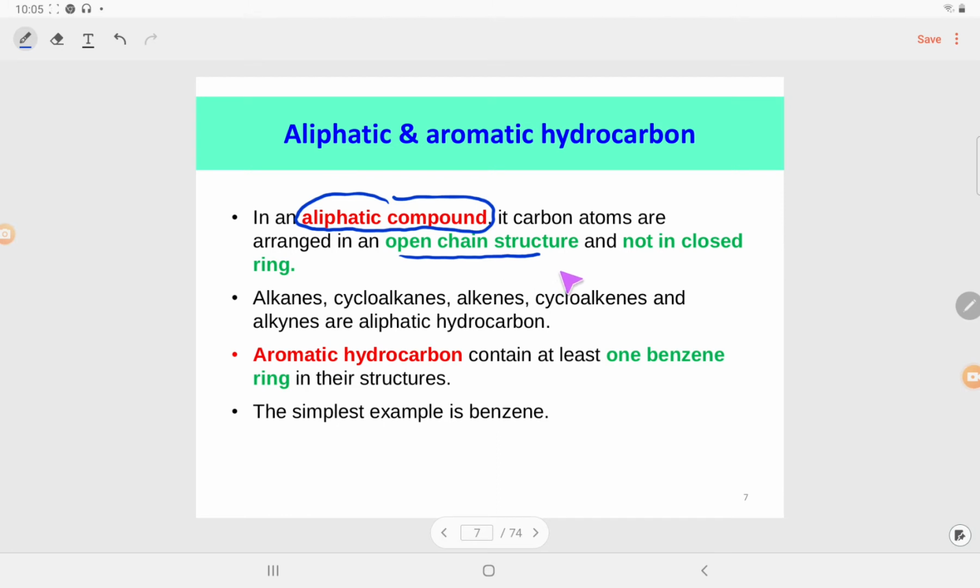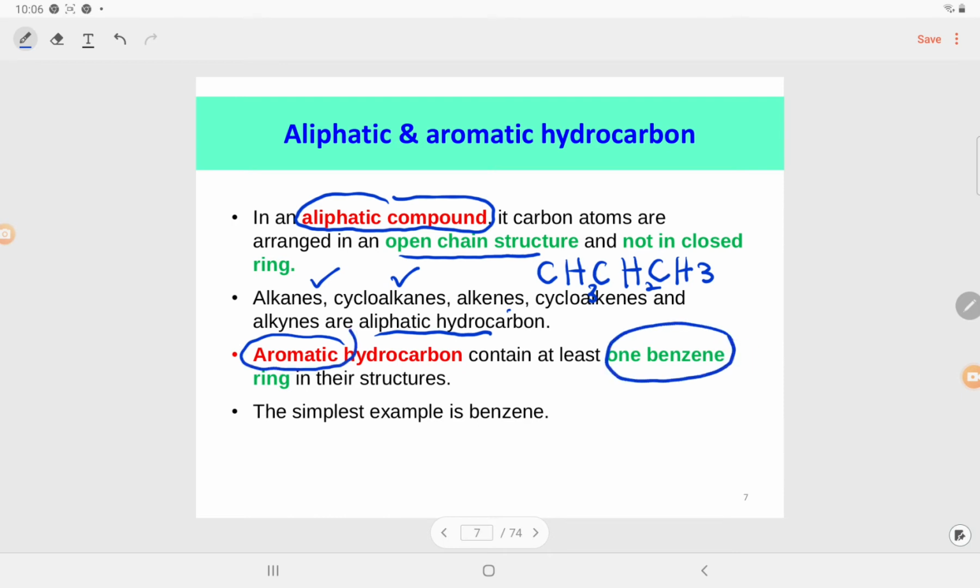Aliphatic must consist of connected carbons, from the first carbon toward the second carbon and the final carbon, so they must be straight chains, with the octet completed by several atoms, for example the hydrogen atom. Alkane, alkene, cycloalkene, alkyne and so on are aliphatic. If aromatic hydrocarbon, it must have at least one benzene, meaning one aromatic ring inside the structure.